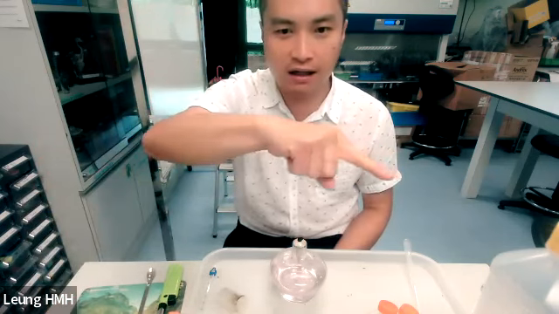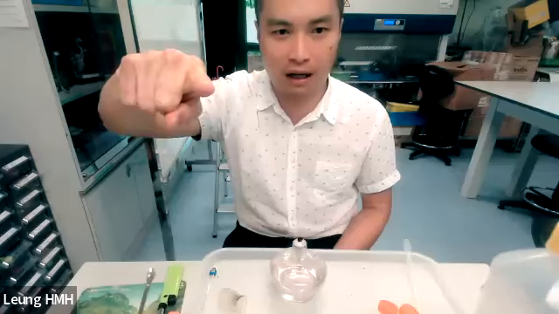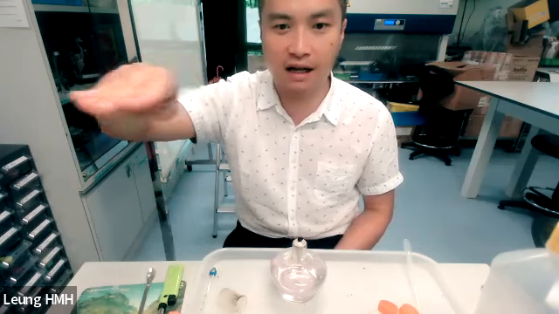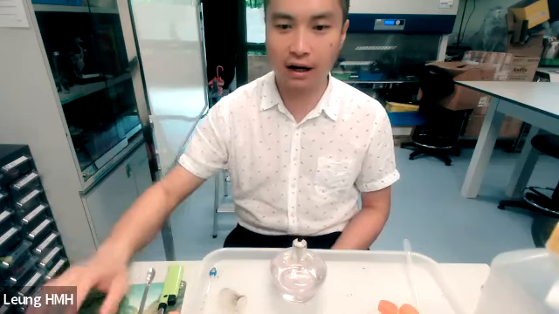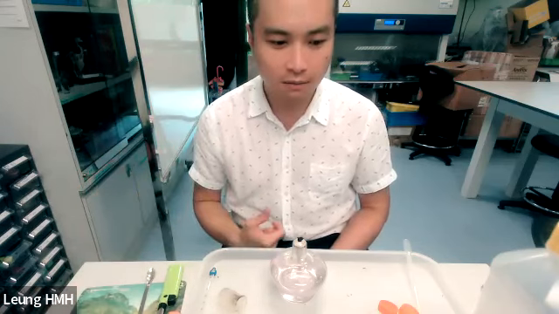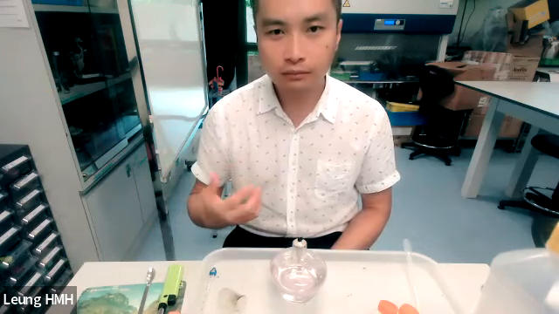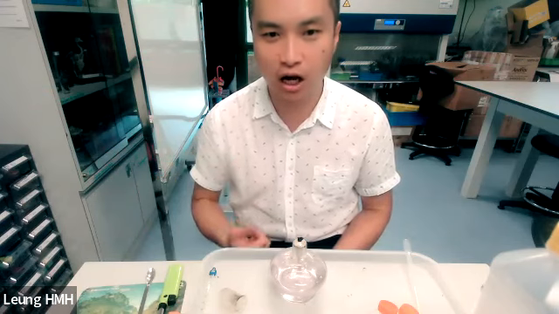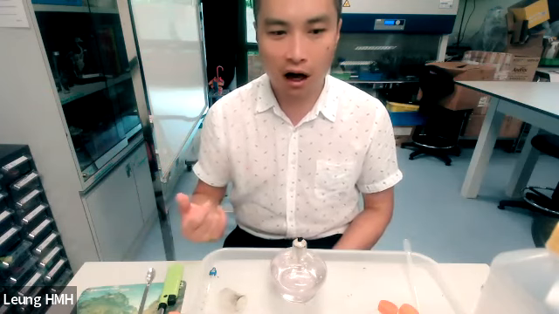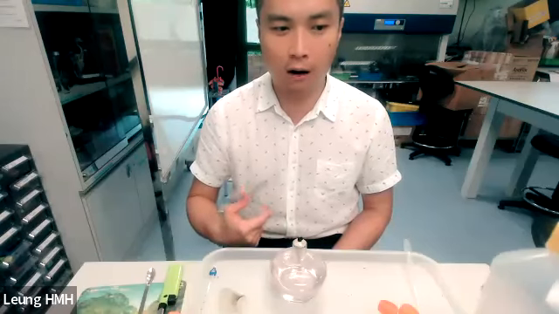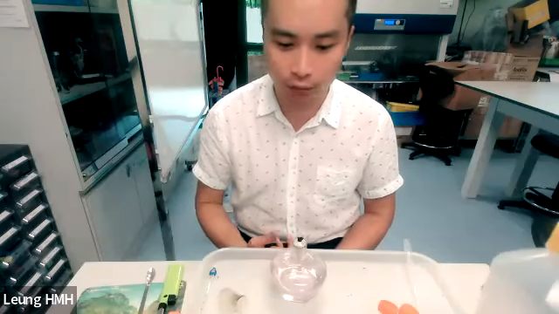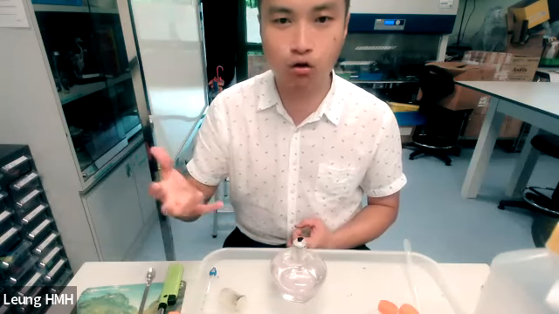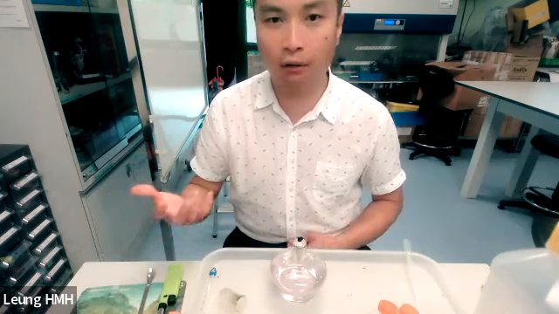But I will not elaborate on the activation energy because this is not the major learning objective of this module. So, okay, we try to demonstrate such an experiment to you now, okay?